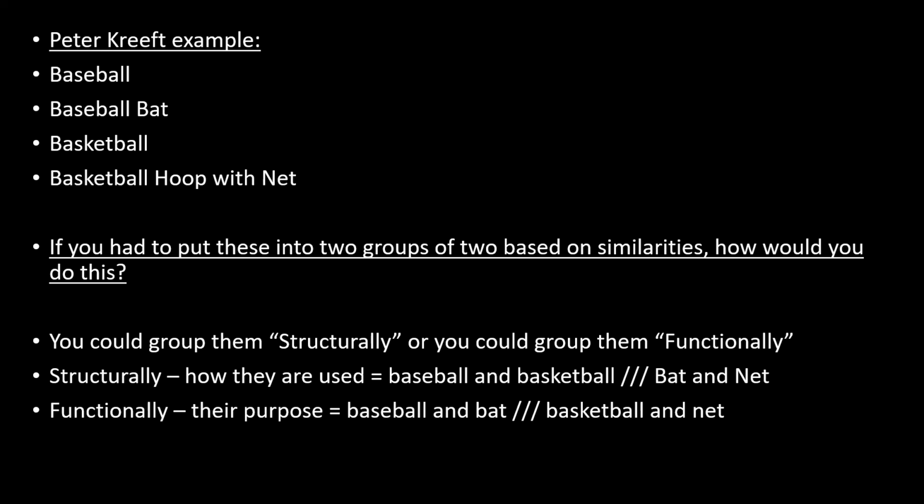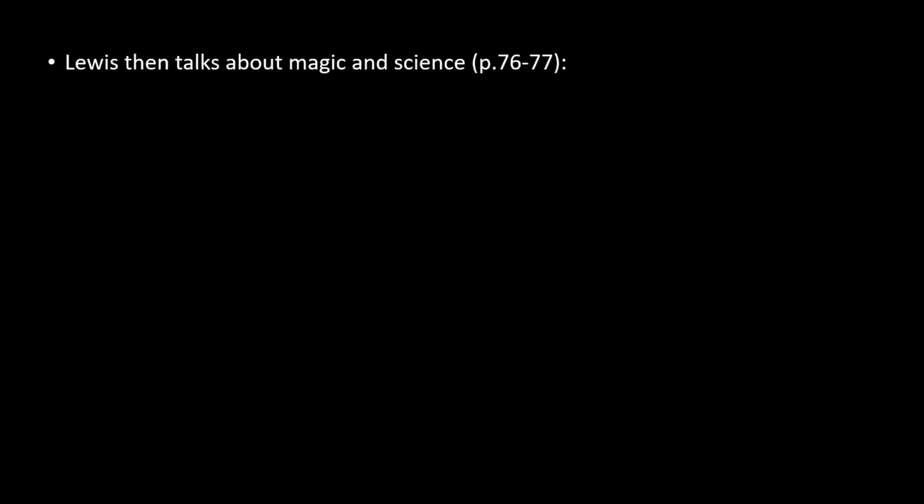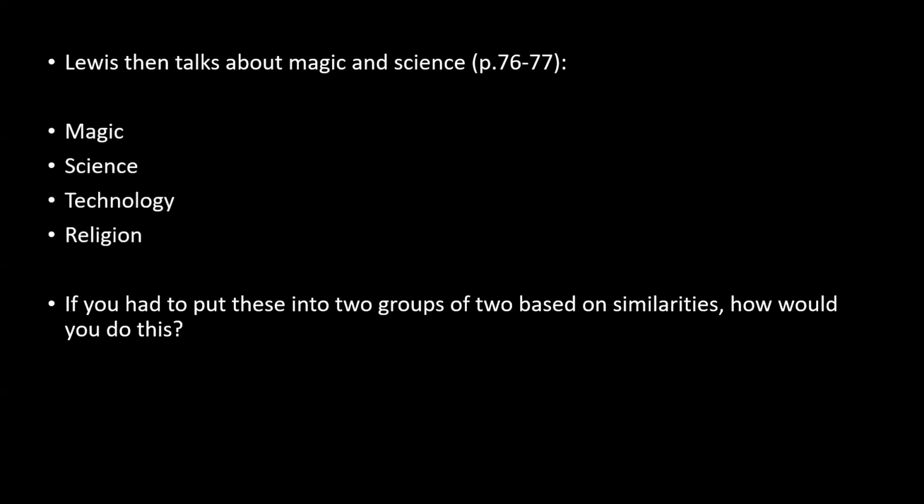And then the purpose of the basketball is with the basketball net. The two of those go together to play the game of basketball. There's this sense of structure groupings or functional groupings. So let's go back to our previous question about magic and science and religion and technology. So how would you group these into two groups of two?